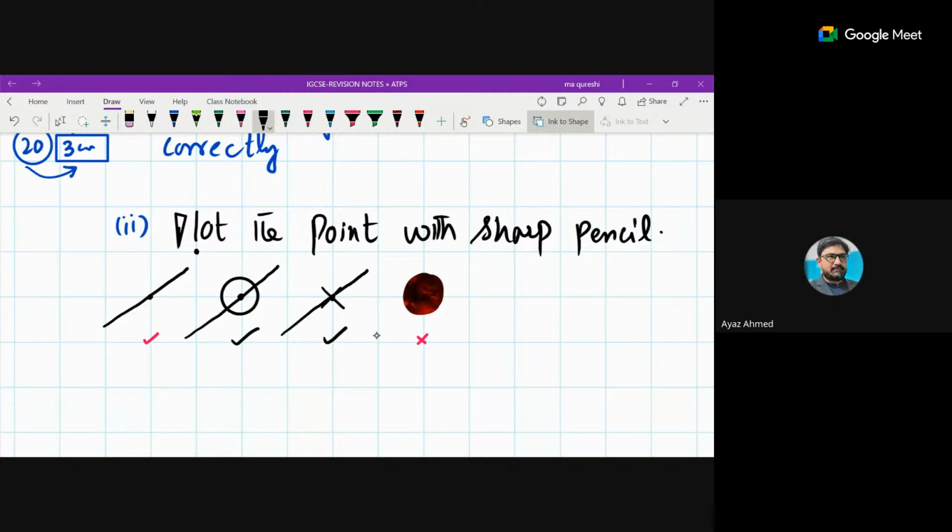This is correct. When you are going to draw the line here, it would make a problem whether the line is above or below. So the examiner has given you a limit: half square above, half square below, half square left, half square right. The point or the cross should not be greater than this.